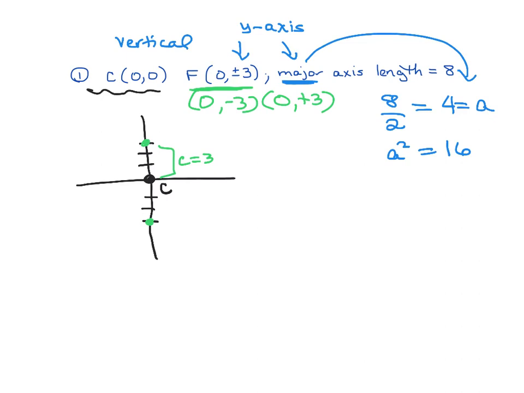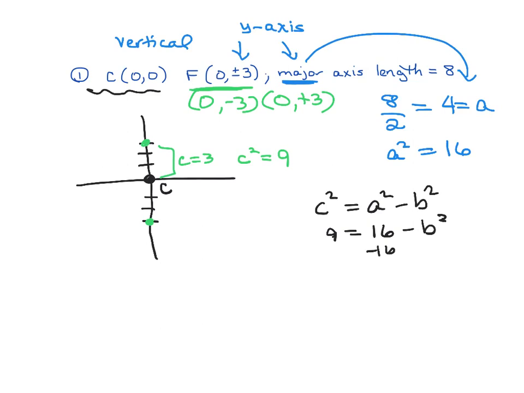So if C equals 3, then C squared equals 9. Now, in order to find the B, I'm going to be doing C squared equals A squared minus B squared. So I can plug in my 9. I'm going to plug in my 16 and then leave the B squared.